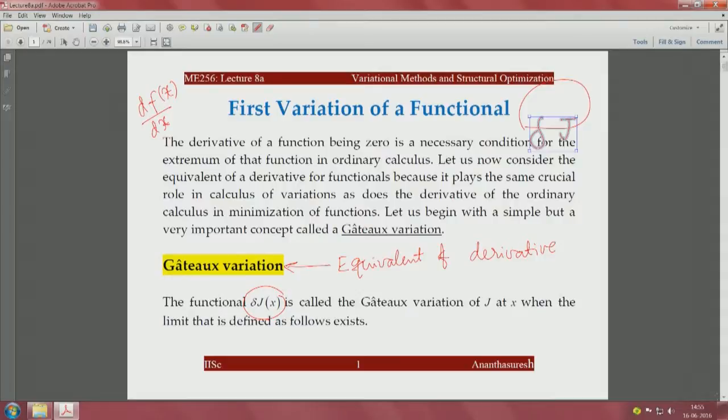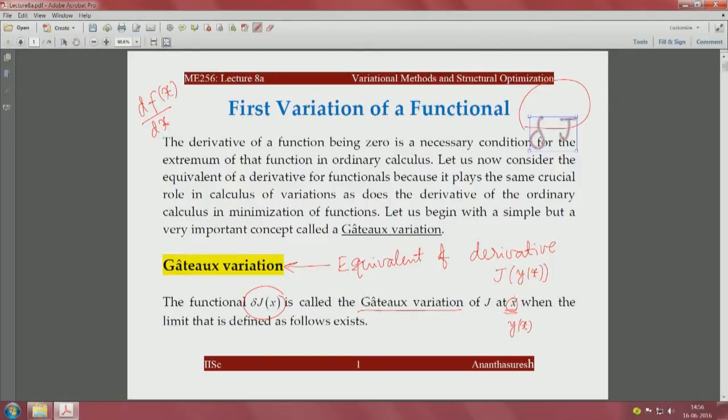Now, what does it say? The Gateaux variation of j at x. When I say x, it is actually a function. Ideally speaking, I should have put j as a function of y of x, in which case it will be at y of x. If my functional j is a function of y of x and its derivatives, then delta j at y of x will be the variation of j at y of x. Let us not get confused here.